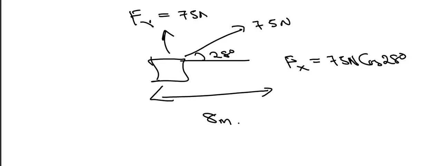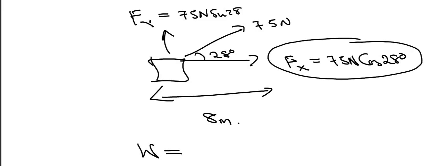From here we're just going to straight away get the work, because the x component of the force is in the positive direction. So we're simply going to multiply this force with 8 meters. I'll rather start with 8 meters so that you are able to punch in the 75 newtons, then cos 28.